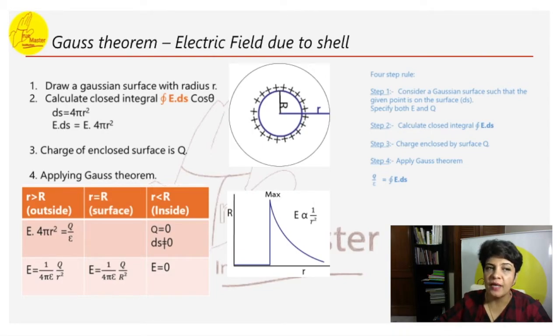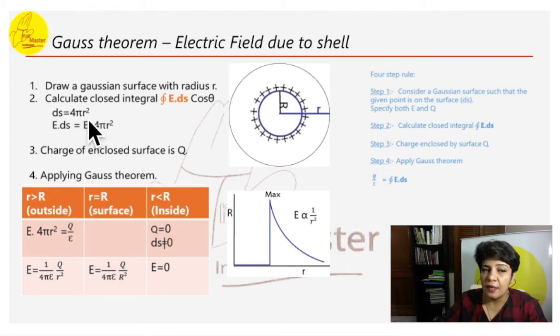For situation 1, when the test charge is placed at a distance small r, let us follow the 4-step rule written in the right side again. Step 1 is to consider a Gaussian surface such that the given point is on the surface. So we will make a concentric circle with radius r here, just like we derived for the electric field due to a point charge. So we have a concentric circle covering the point P. Step 2 is to calculate closed integral E dot ds, which is E times 4 pi r square.